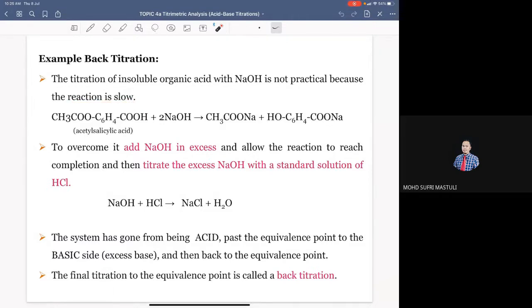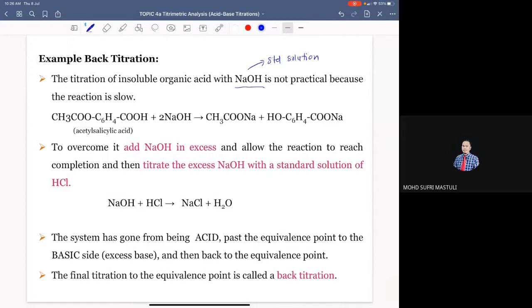To overcome it, we add sodium hydroxide in excess, because this is the standard solution. Since the reaction is slow, we need back titration.